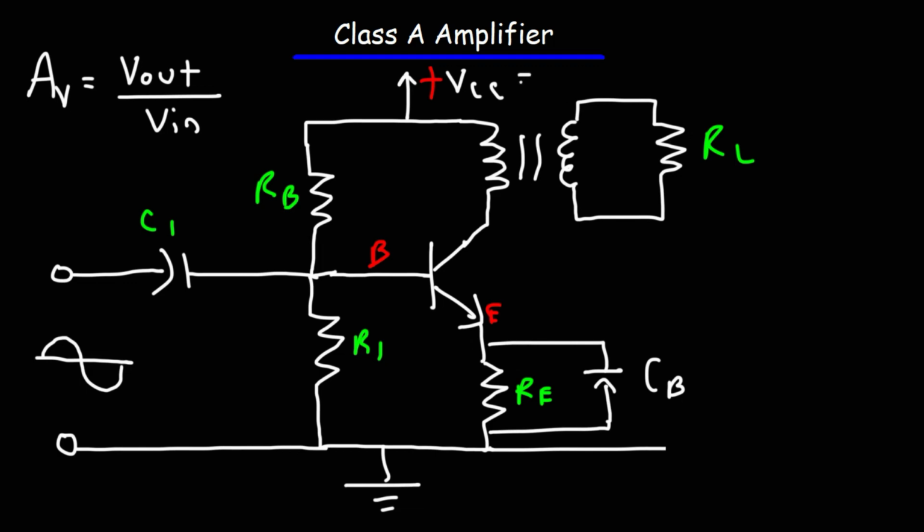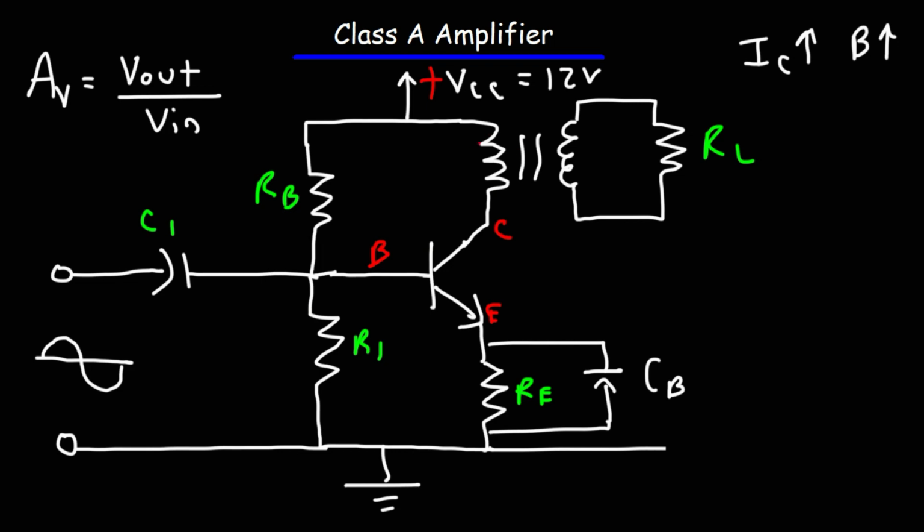Let's set the collector supply voltage to 12 volts. Now, keep in mind, the input current is fluctuating. So the base current is fluctuating, and thus the collector current is fluctuating as well. As the collector current increases, the magnetic field generated by the transformer is going to increase in strength.